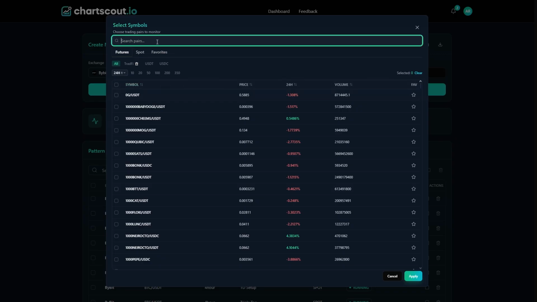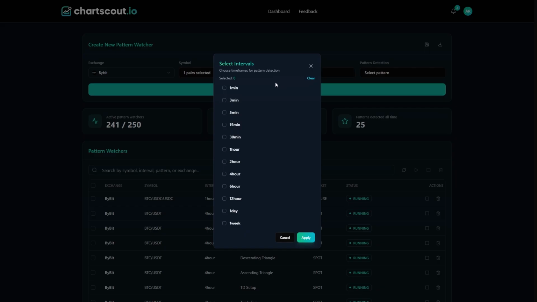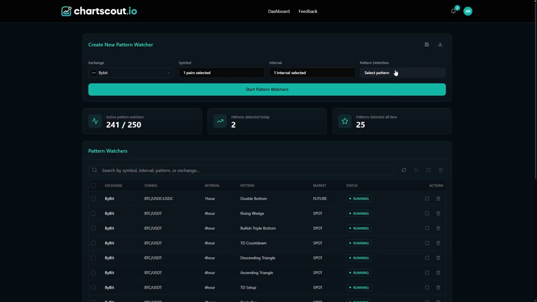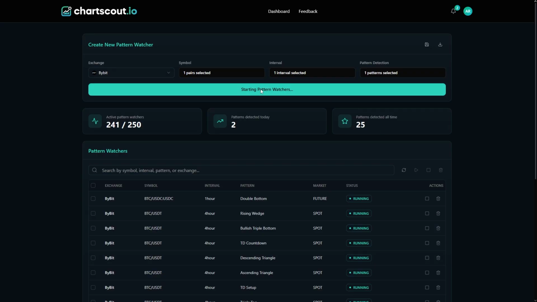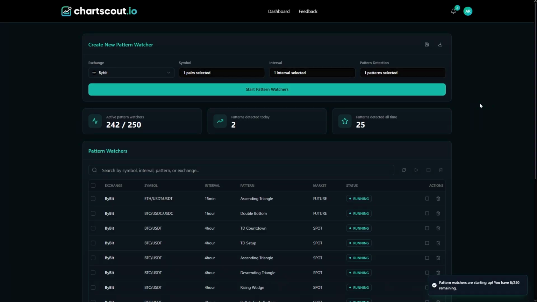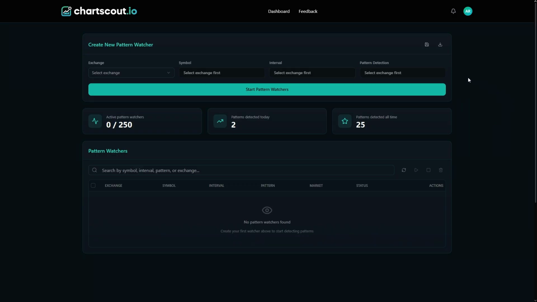ETH on the 15-minute chart on Bybit for an ascending triangle, that is a second watcher. You build them up like that. There is no code. There is nothing to configure beyond those 4 fields. You tell ChartScout what to look for, and it handles the scanning around the clock while you get on with your day. Let me create one right now so you can see how fast this actually is.